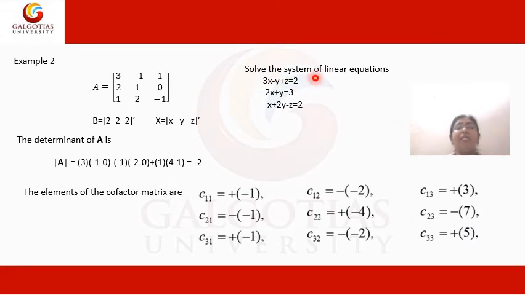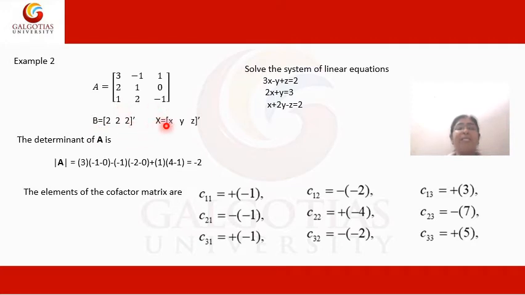Next, solve the system of linear equations 3x - y + z = 2, 2x + y = 3, x + 2y - z = 2. First of all we will write the matrix A, then the matrix B, then the matrix X. Our matrix A has columns [3, 2, 1], [-1, 1, 2] and [1, 0, -1]. The B matrix is [2, 2, 2], a column matrix.